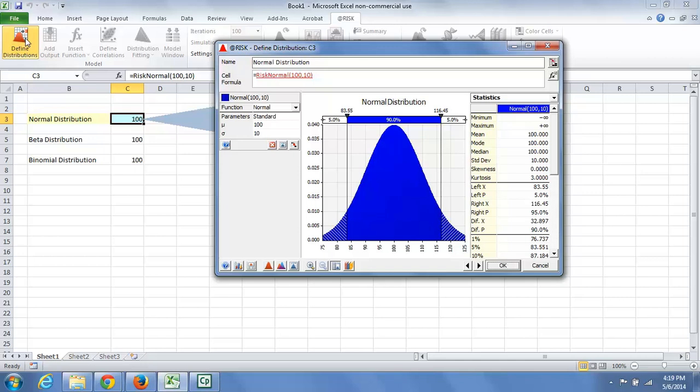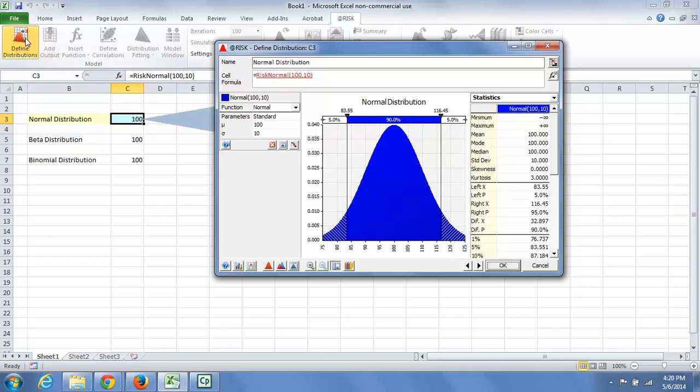If I was terribly concerned about extreme values coming up, if the variable's true value lies roughly between 70 and 140, for example, and I would be concerned about variables beyond that range, then the normal distribution may not be the best choice.